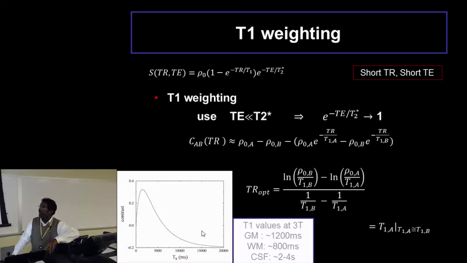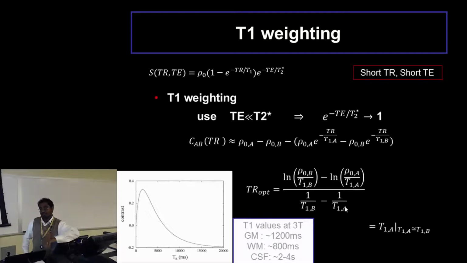Okay, and in the case where spin densities are equal and there is only a small difference between the T1 of the two tissues, for example where edema is just starting to appear in the tissue where there is a lesion, if you want to detect it early on, then you want to optimize your contrast.